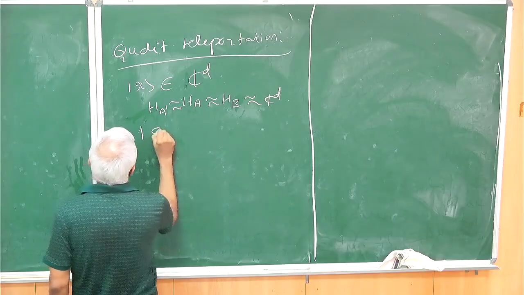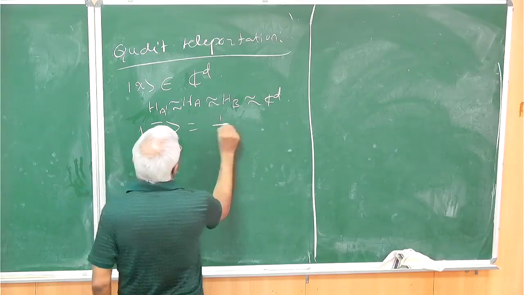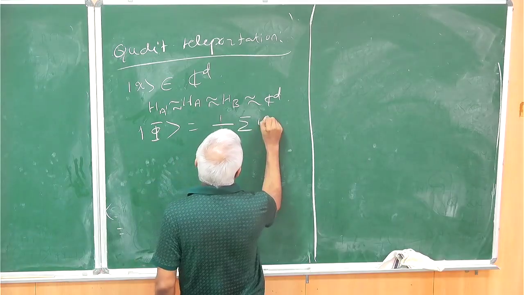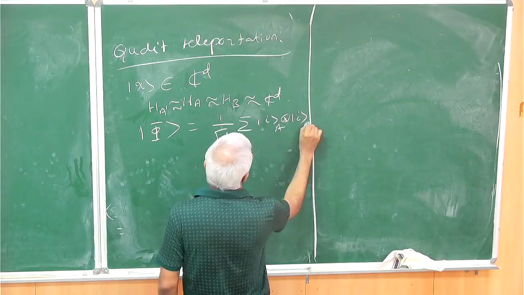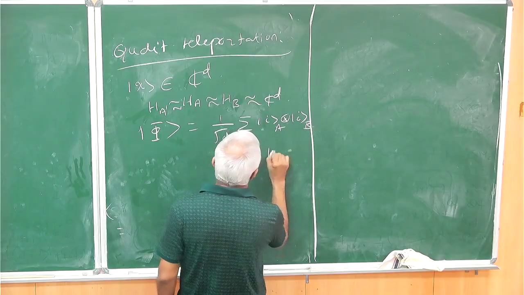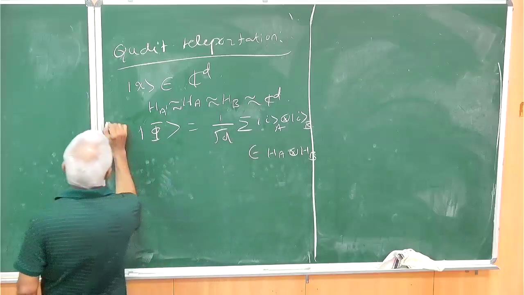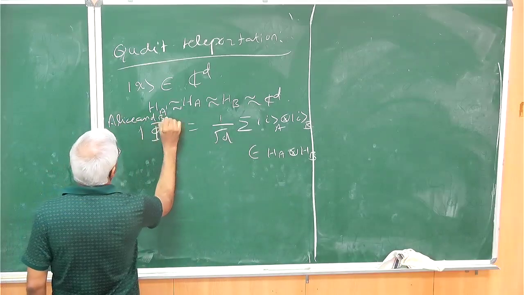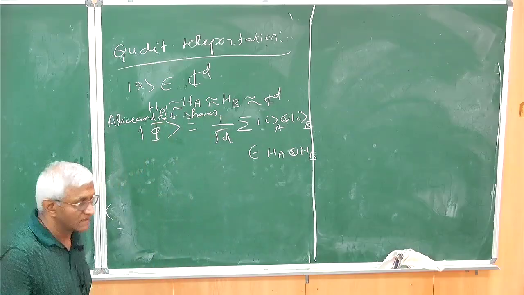So we have this state, equal to 1 by square root d, summation of i tensor i. This is in A, this is in B, in H_A tensor H_B. Alice and Bob share this state.